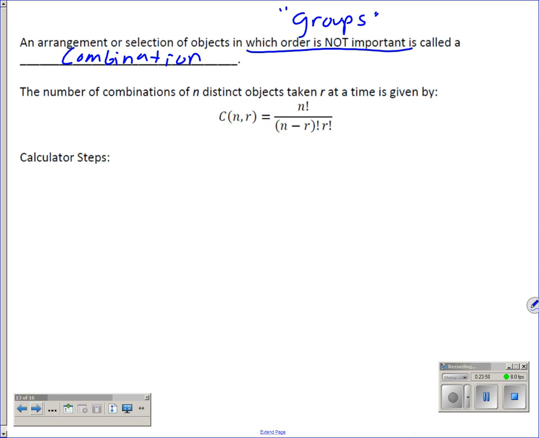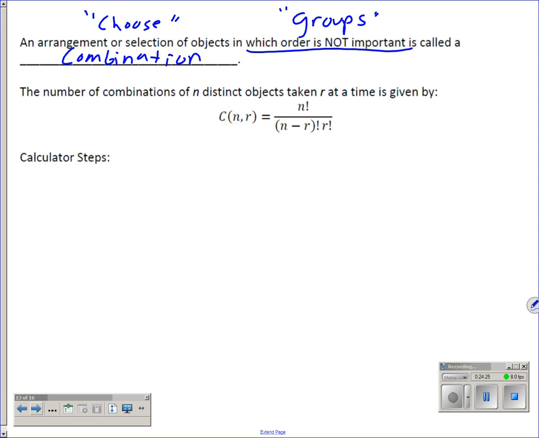And I want to know all the possible ways I could take out 3 different flavors. Doesn't matter how I arrange them. What matters is that I'm getting those 3 flavors. Just groups of different distinct flavors. Keywords here would be groups. If you ever see the word choose, that's another keyword. We'll see as we go through these problems.